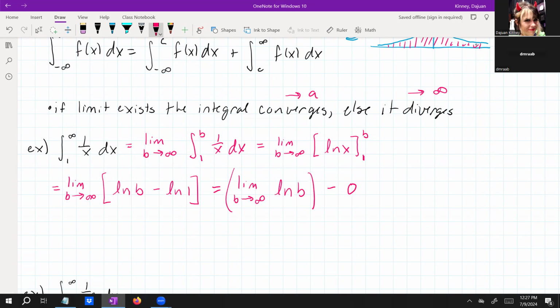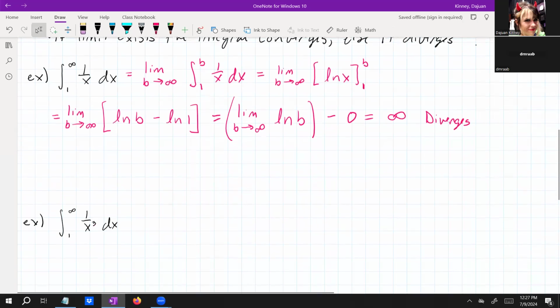Natural log of x. I think this diverges. Yeah, it does. So the limit as b approaches infinity is infinity. So it doesn't converge to a limit. So we just say diverges. When in doubt, throw in some really big values for b and see what happens, which is what I did. I don't deal with that function a lot.